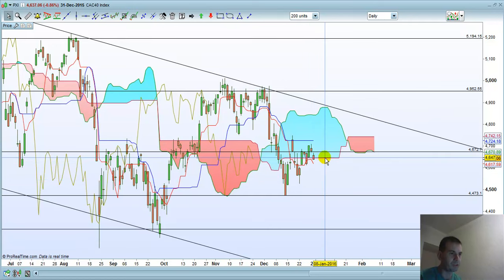And also it breaks down the lower border of the cloud, the line Senkou Span B, and direct it to this support level 4,473.1. So this level is the goal.